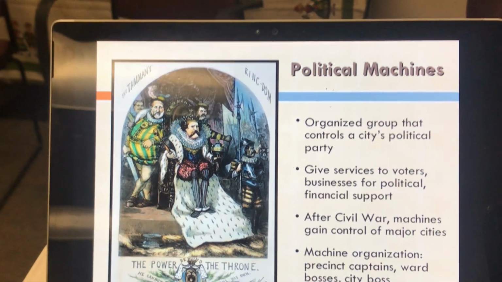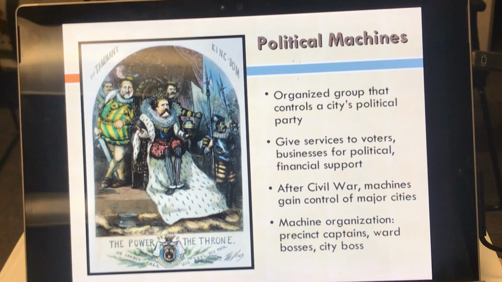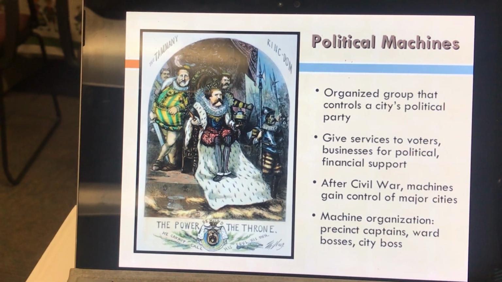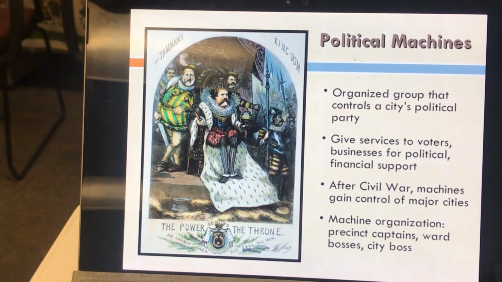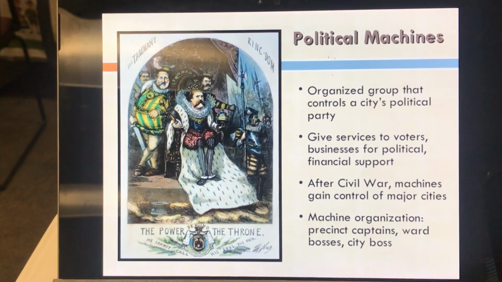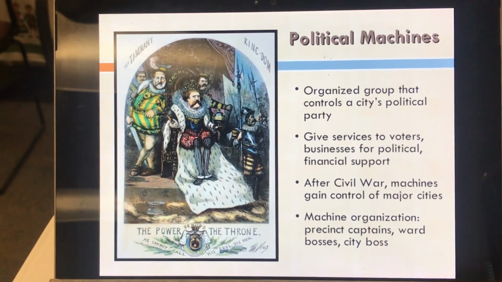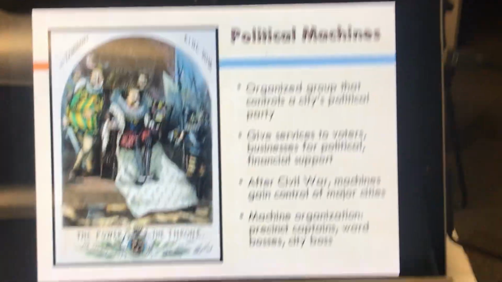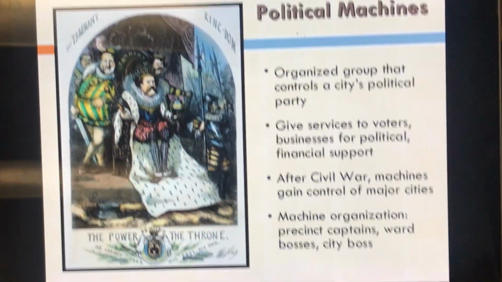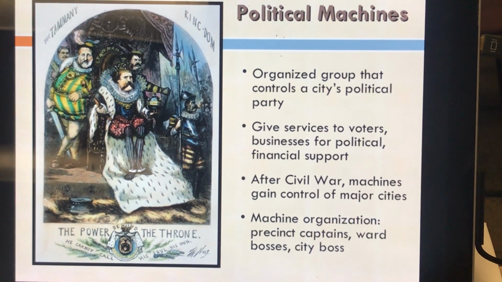They would gain this control, gain this power by giving services to the voters. But they would only give these services to the voters if the voters would promise to vote their way in the elections. And if you did not vote the way that the political machine wanted you to vote, then you would lose these services and things even as essential as a place to live or a job could be controlled by these political machines.